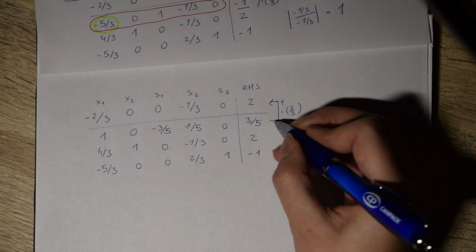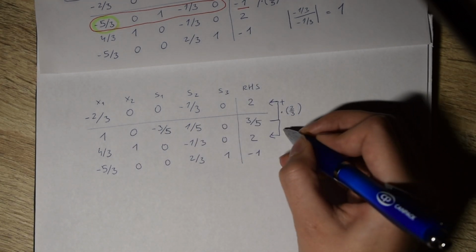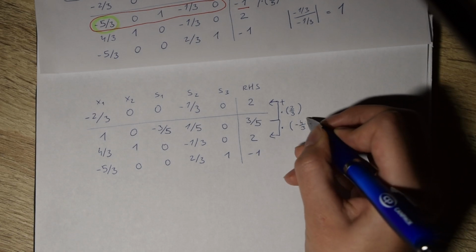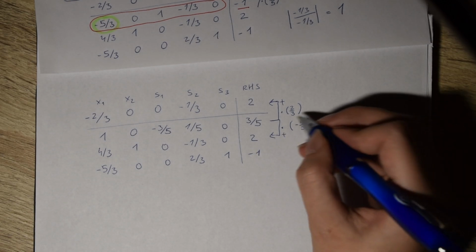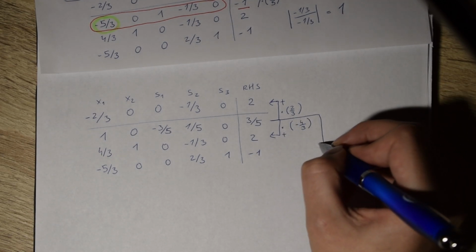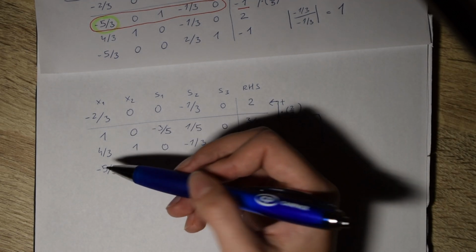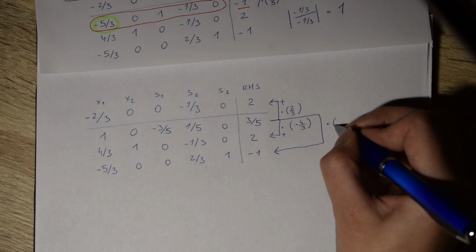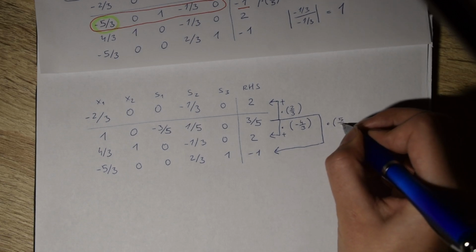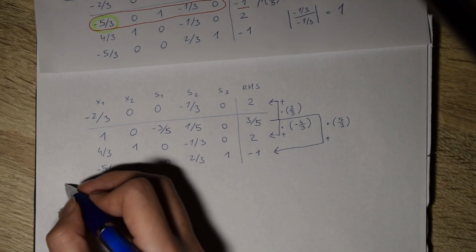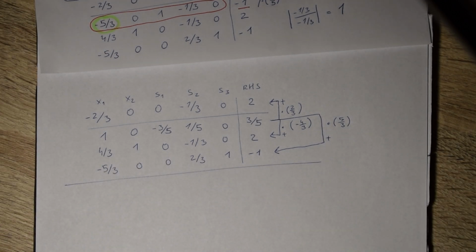We multiply the second row by -4/3 and add to the third row. And we multiply the second row by 5/3 and add to the last row. Now we rewrite the table one more time and do the calculation.